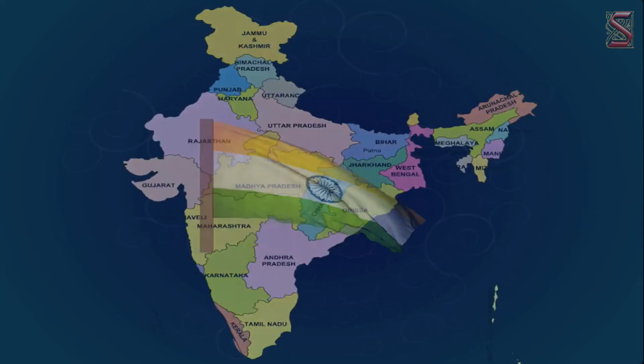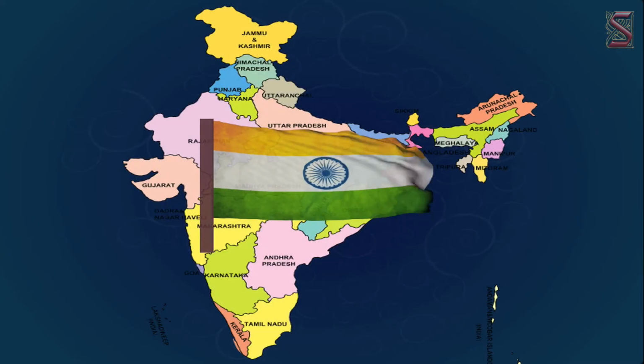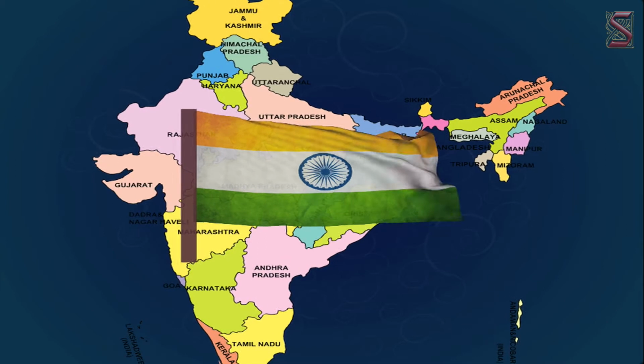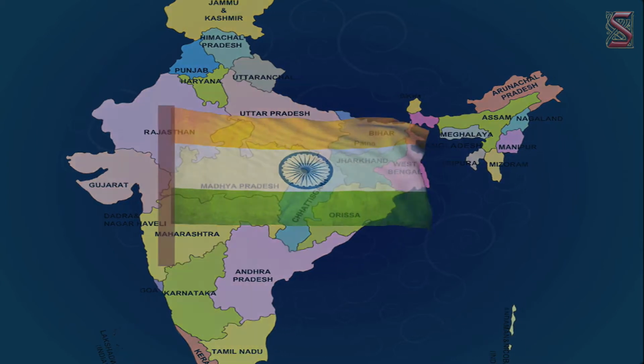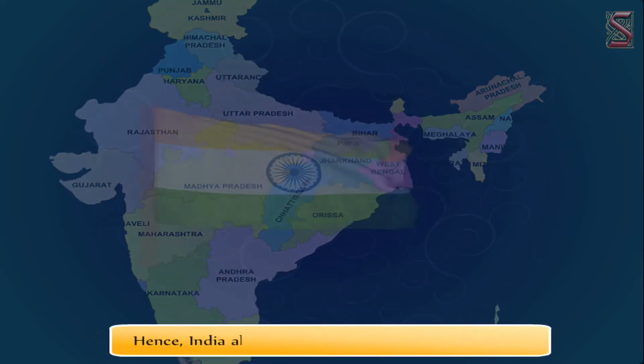After independence, barriers to foreign trade and foreign investment were put by the Indian government to protect domestic producers from foreign competition, especially when industries had just begun to come up in the 1950s and 1960s. At this time, competition from imports would have been a death blow to growing industries. Hence, India allowed imports of only essential goods.